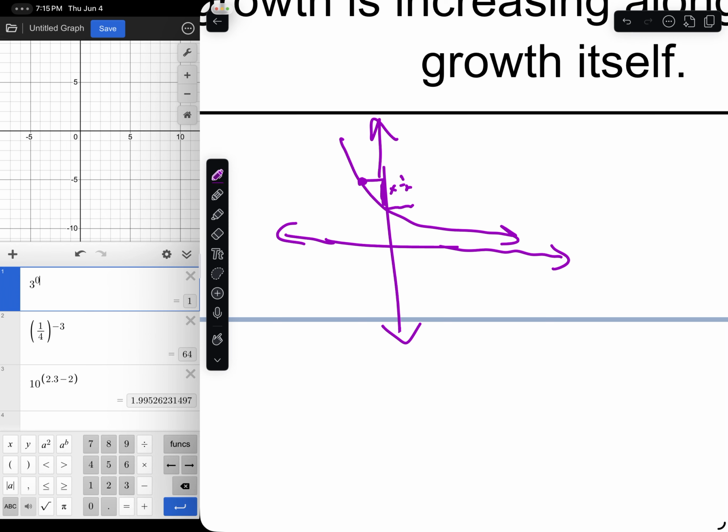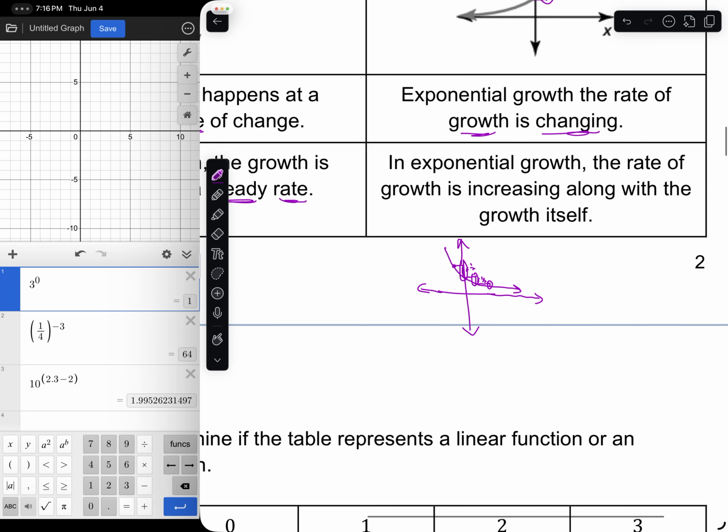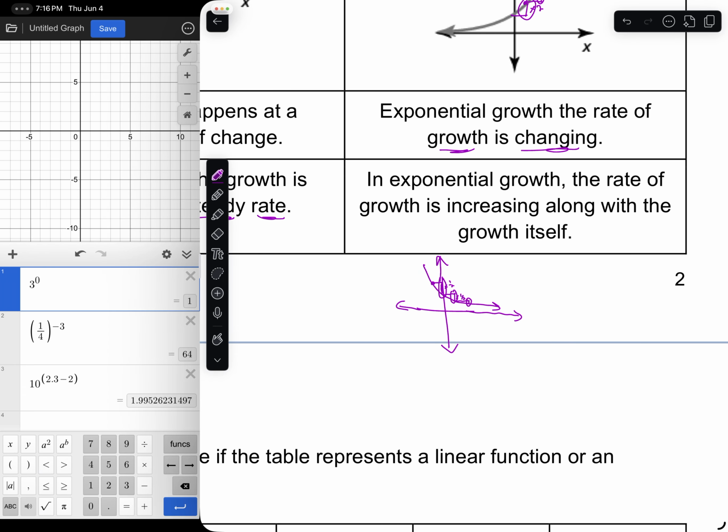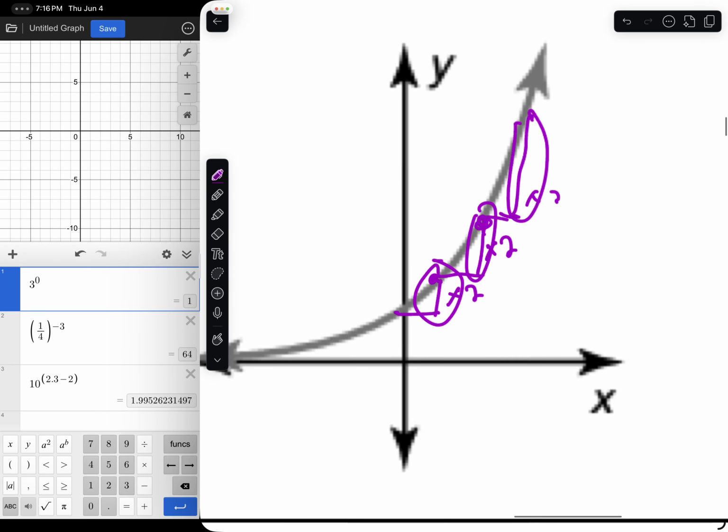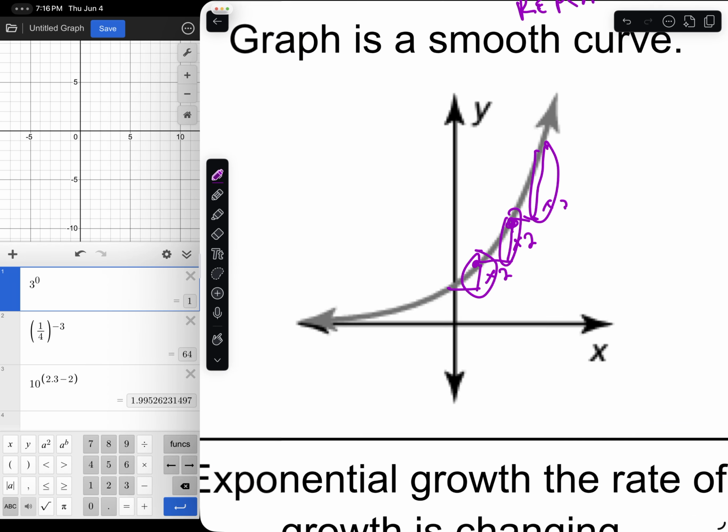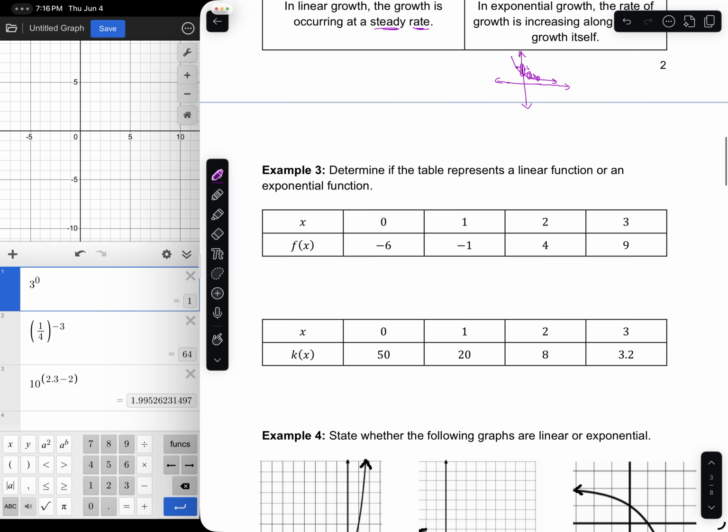Then when I go over the same amount, I multiply by 1/2. And then I go over the same amount and I multiply by 1/2. You can see the amount that it drops each time gets less and less and less. So if it's decaying, the change will get smaller and smaller. If it's exponential growth, the change will get larger and larger. Okay? So that's the difference between the two.